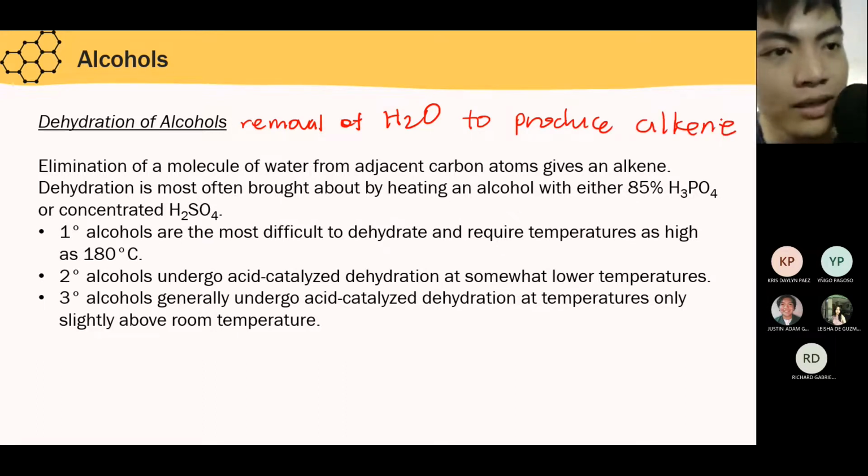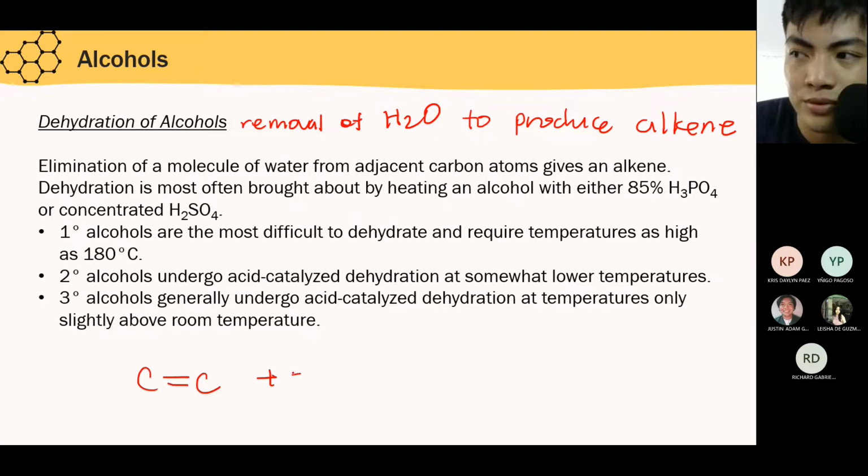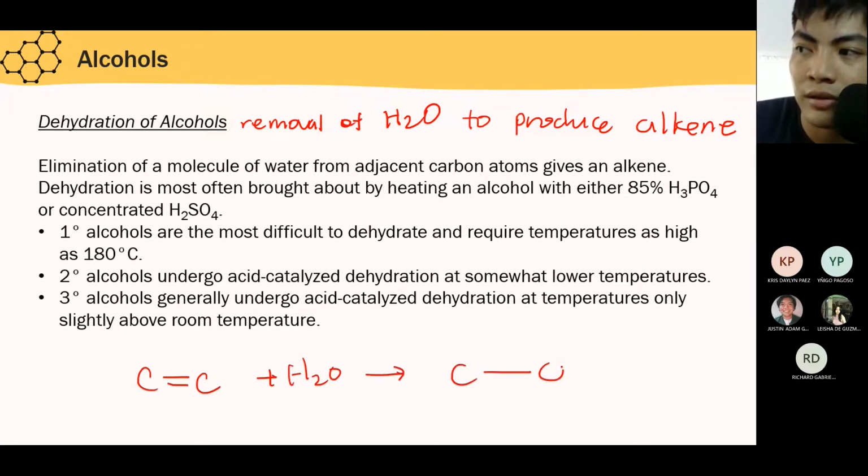Kumbaga, ito yung kabaliktaran ng diniscuss natin sa alkene. Di ba sa alkene meron tayong hydration reaction? Naalala niyo pa ba yan? Hydration reaction, ano nangyayari doon? When you add water, ano mapoproduce? You will produce alcohol. Di ba?